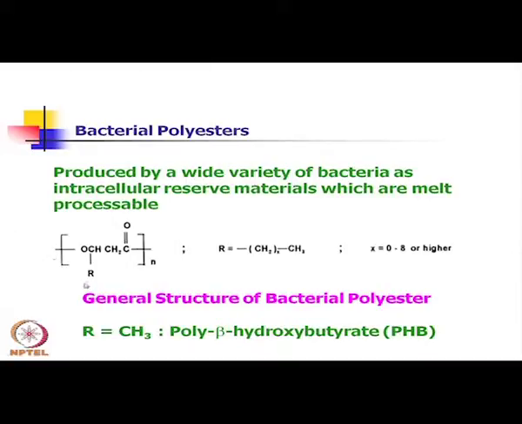This is the general structure of this bacterial polyester, where R group can vary, that is a hydrocarbon chain, and N can be 0 to 8 or higher. Now, this R can be methyl group. If this R is methyl group, it is known as poly beta hydroxy butyrate.